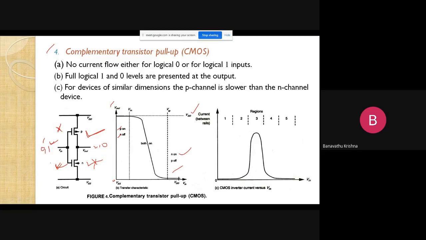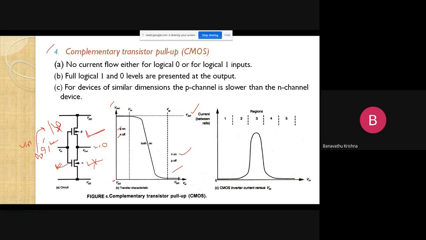But in between, we apply the input going from 0 to 1. It doesn't change suddenly; it slowly changes from 0 to 1. We are applying input voltage V input slowly varying from 0 volts to 1 volt, that is, logic 0 to logic 1.